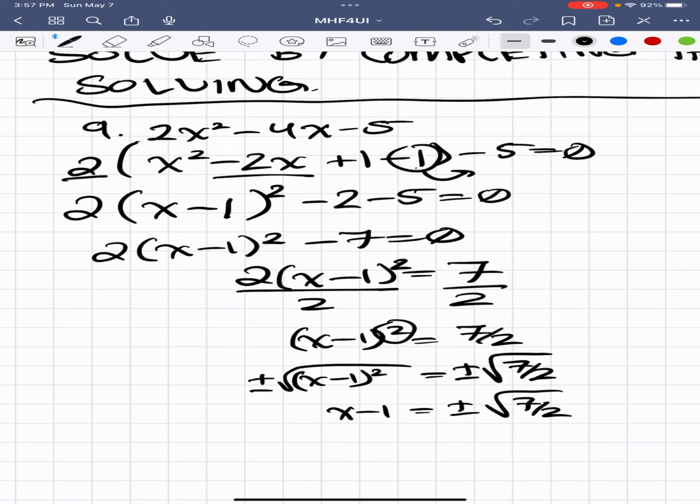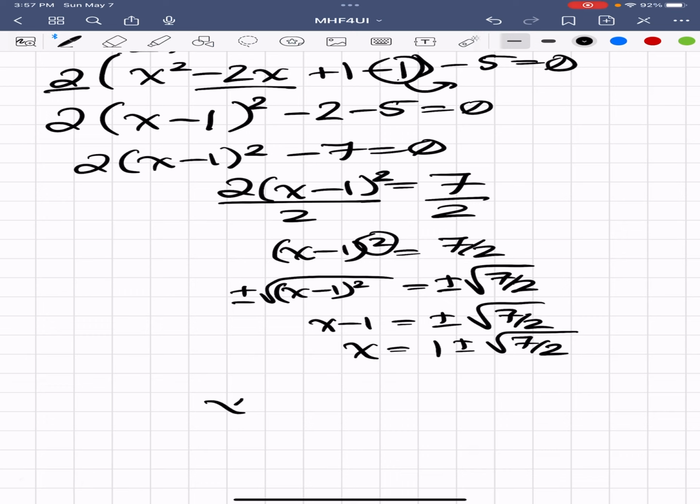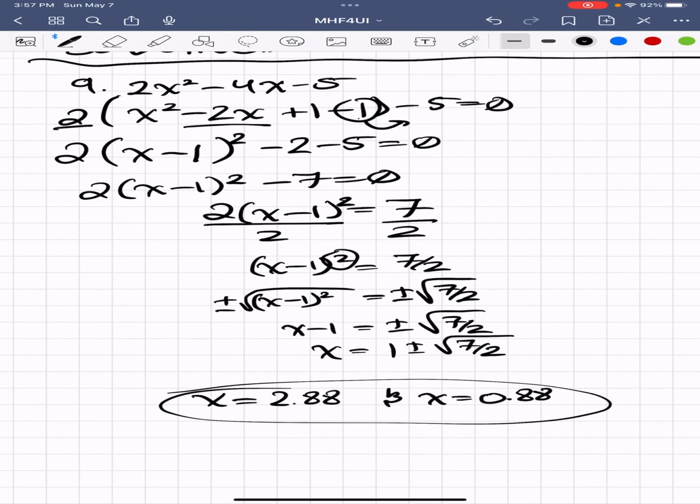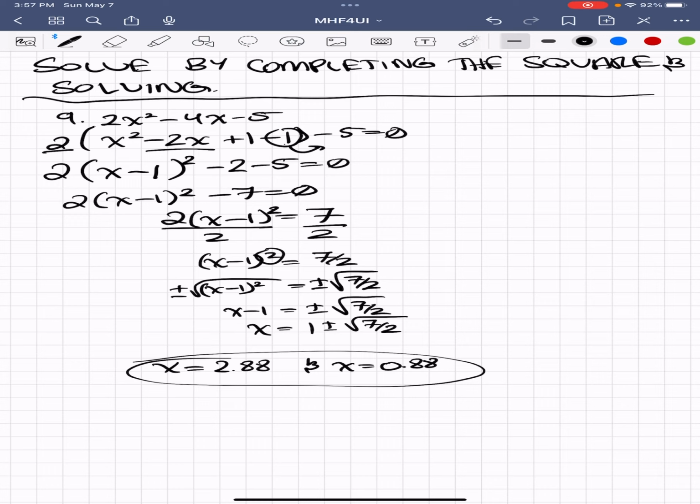And now all we're left with is to get rid of this number right there and move it to the other side. So our answers are, and those are our answers. So that was completing the square and solving, and this is the answer that we got as well.